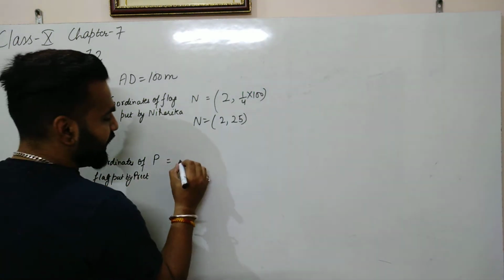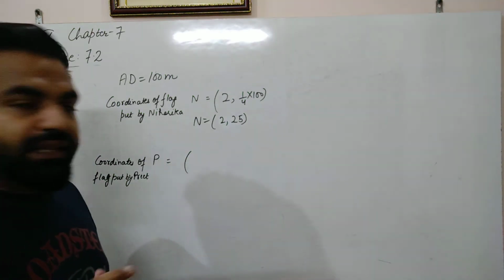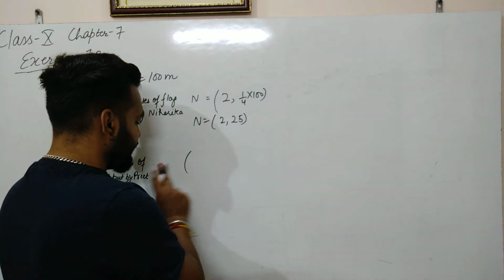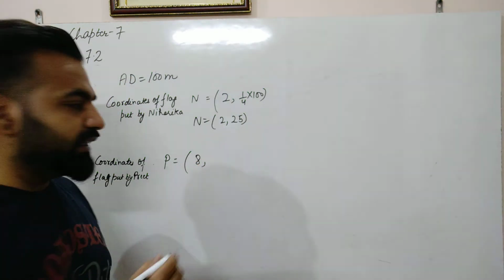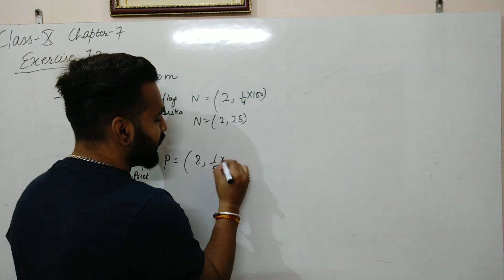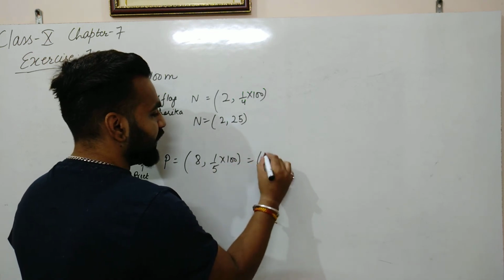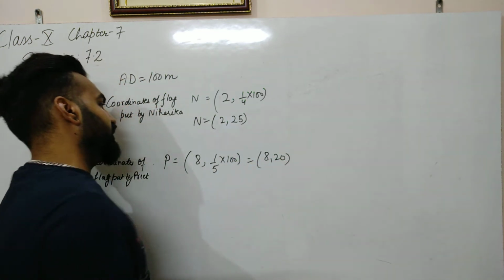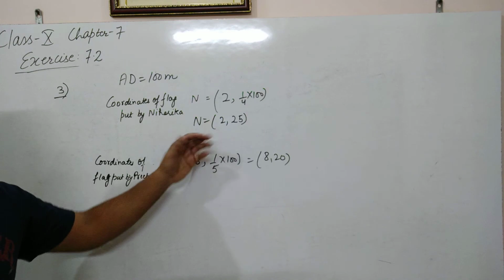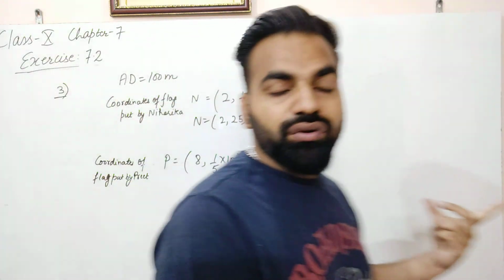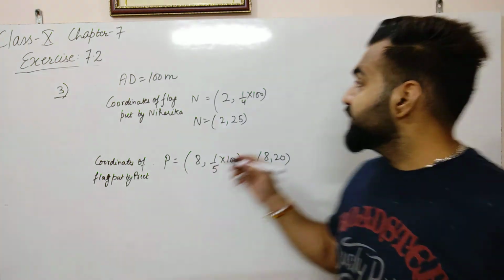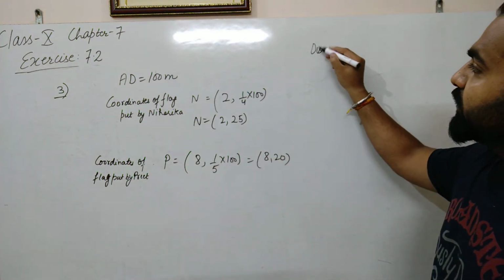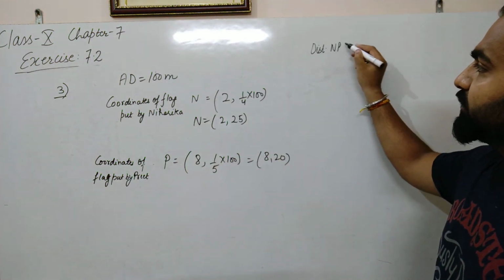So P will be, she is running on the 8th line, so the x coordinate will be 8, and she covered 1/5 of the distance, that means 1/5 of 100, so the coordinates are (8, 20). So the coordinates of N are known now, the coordinates of P are known now. We have to find the distance between these two flags, that means we have to find the distance NP.